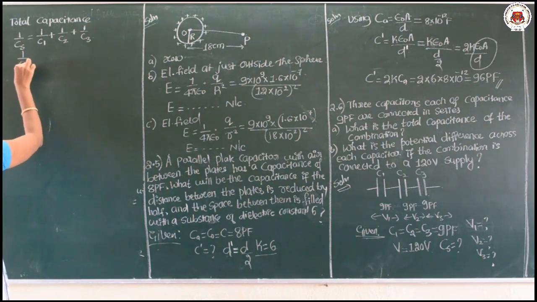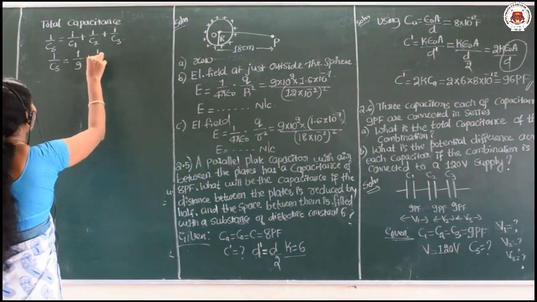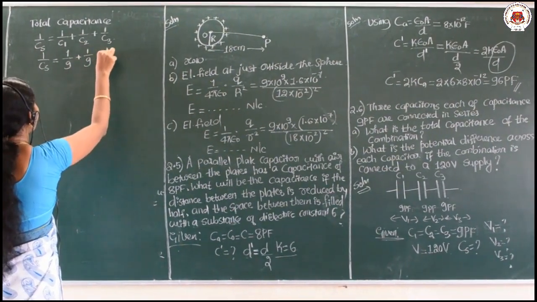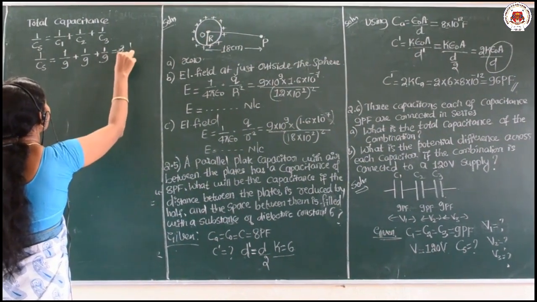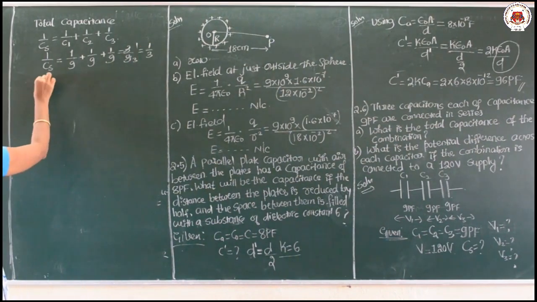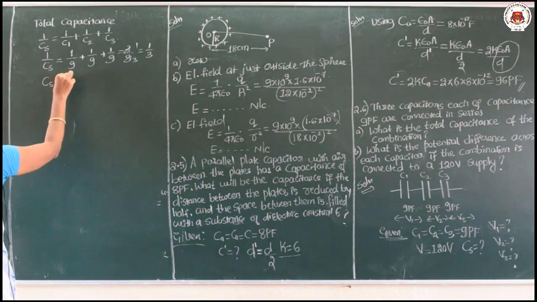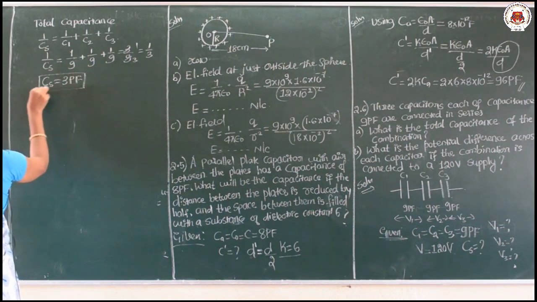Then 1 upon Cs is equal to 1 by 9 plus 1 by 9 plus 1 by 9, that is 3 by 9, which is 1 by 3. Then if you take the reciprocal of this, Cs will become 3 picofarad.